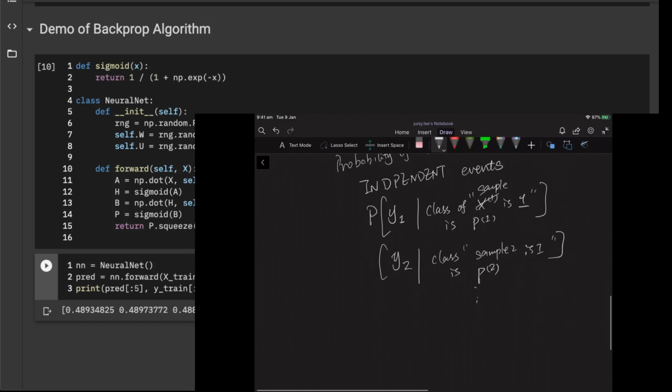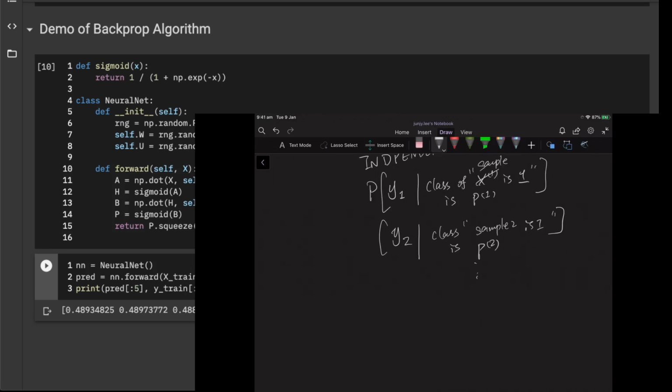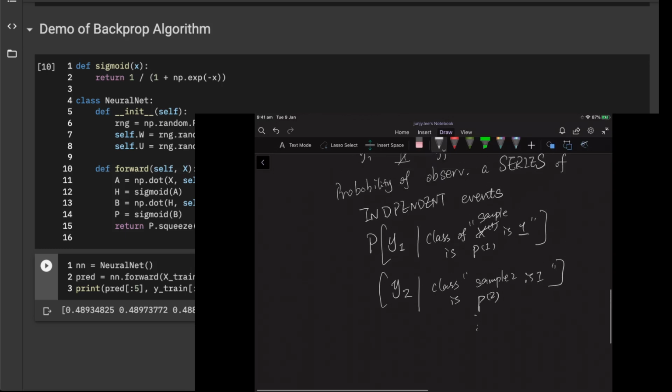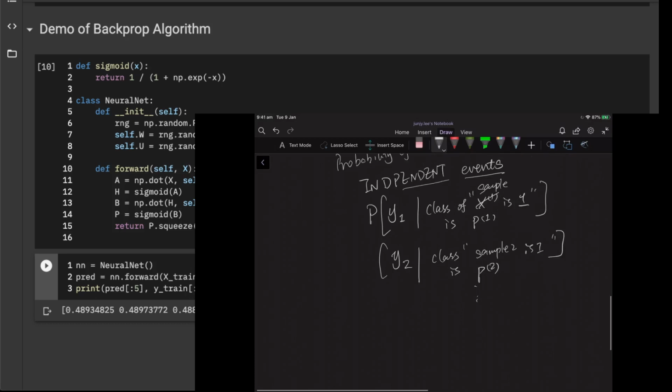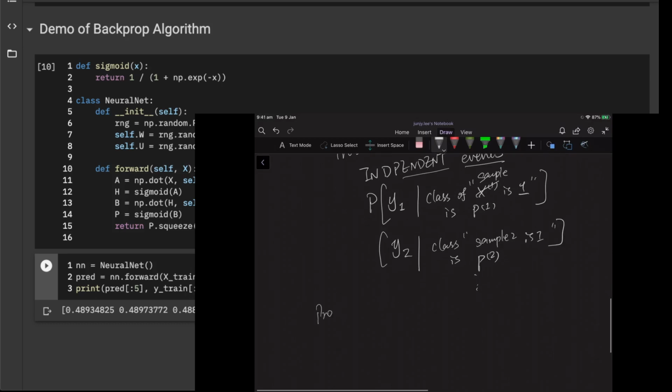So on and so forth, we go over all training samples. The probability of all those independent events happening together will be the product of all individual probabilities.